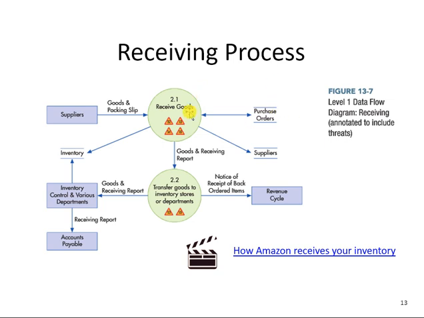We check information from the purchase order file to see whether those goods are what we have ordered. Then the receiving clerk is going to verify the quantity and inspect the quality of those goods.